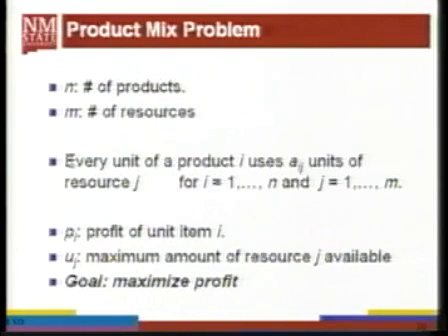And every unit of a product i uses a sub ij units of resource j. And given the profits of each unit of item i, and maximum amount of resources j, our goal is to maximize the profit, okay?